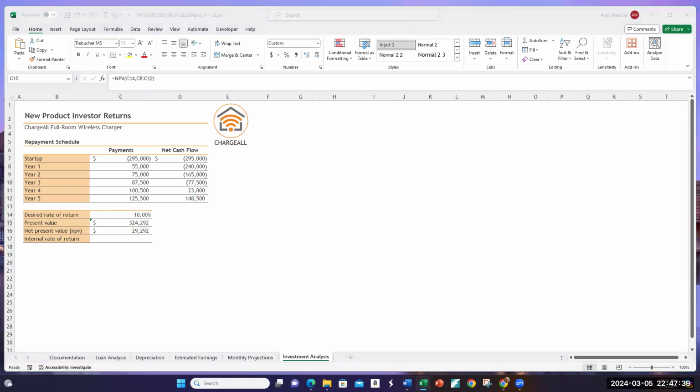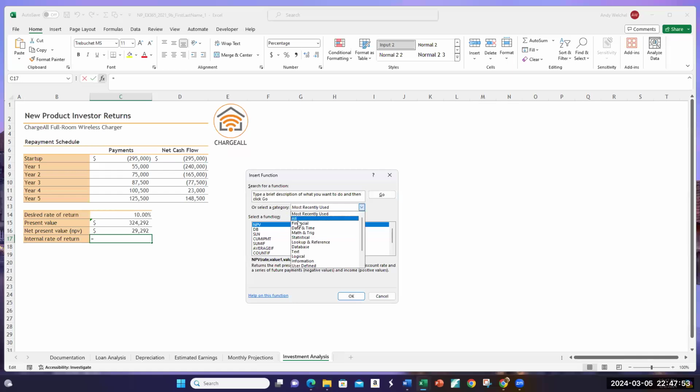The internal rate of return. We're going to use the IRR formula. Again, they cover this in your finance classes and in your accounting 101 or 102 classes, so I'll just walk you through the formula. It's going to be under financial again, and it's the IRR formula.